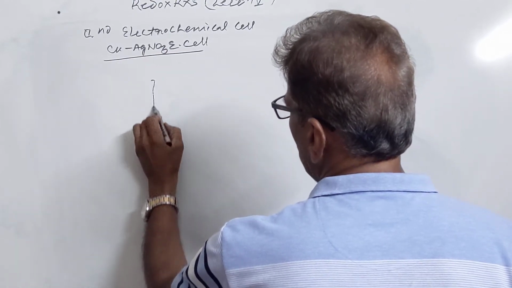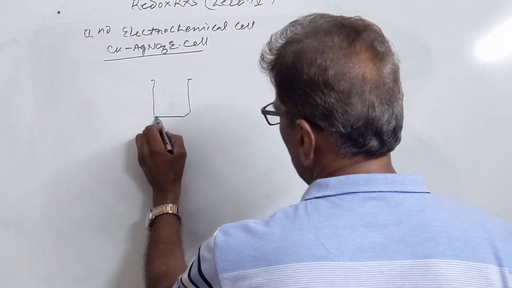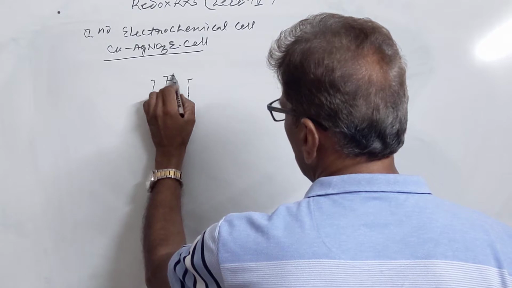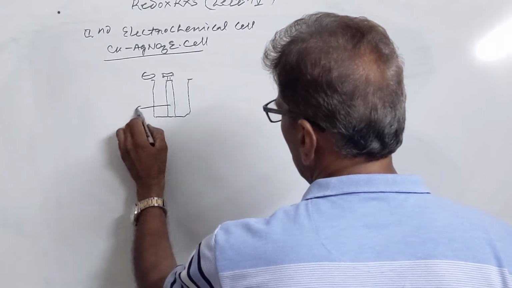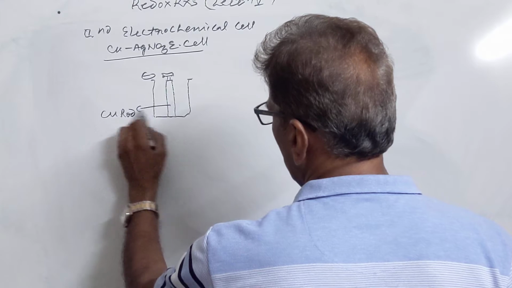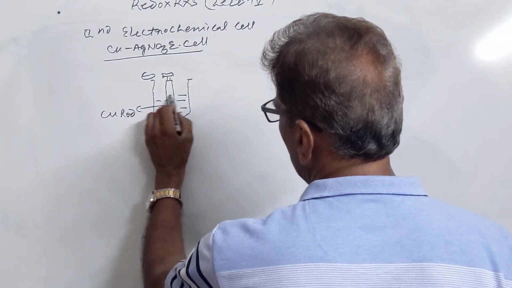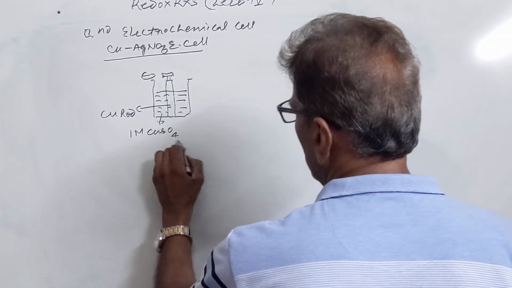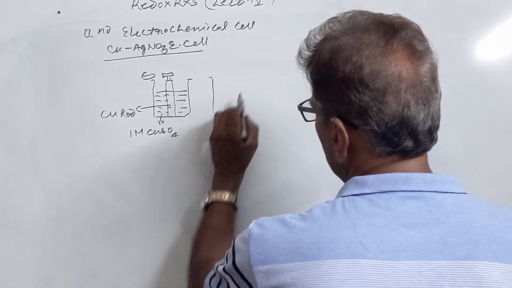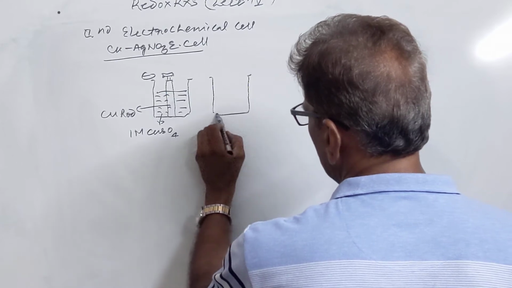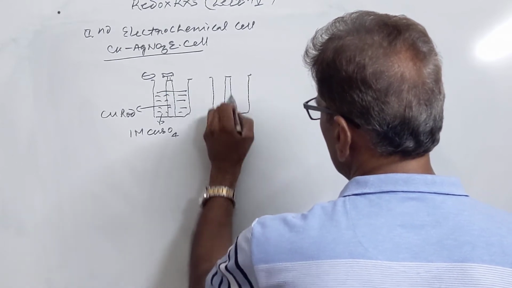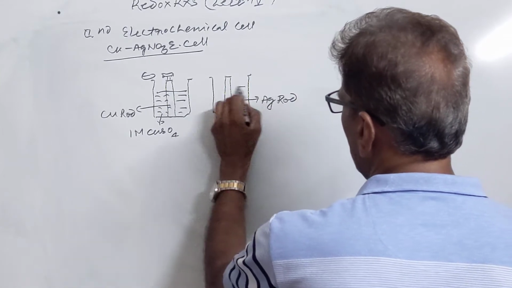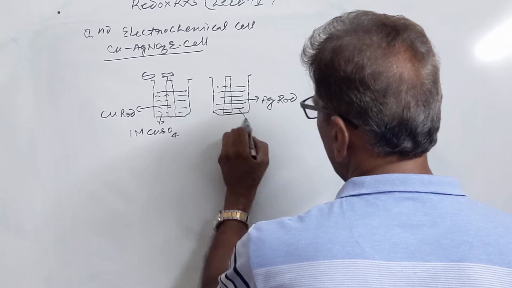It also consists of two halves. First half, copper rod dipped in 1 molar copper sulfate solution. Then we have silver rod dipped in 1 molar silver nitrate solution.